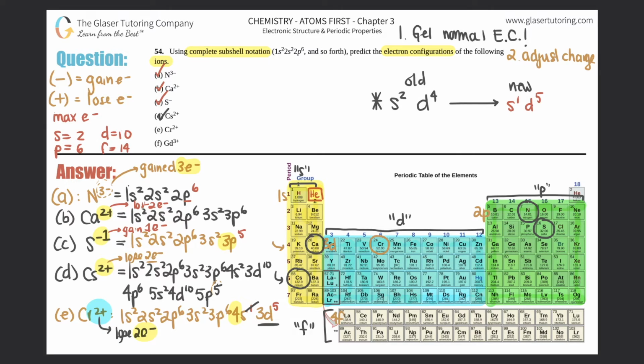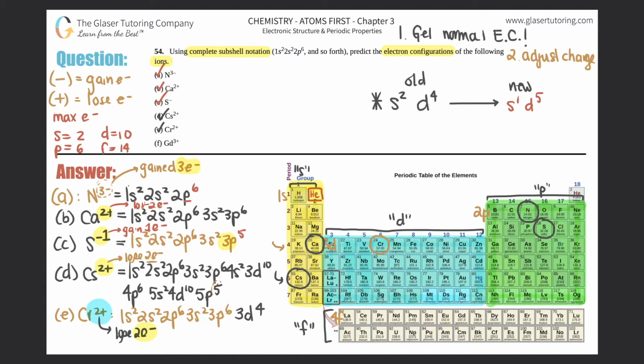This one had a 5, so I still need to lose 1 more. So this would turn into a 4. So technically this whole thing goes bye-bye, and now it's just a 3d4, and that's what you would write down. So I get rid of the 4s, and now I'm left with 3d4. Box that answer off, that's the E answer.